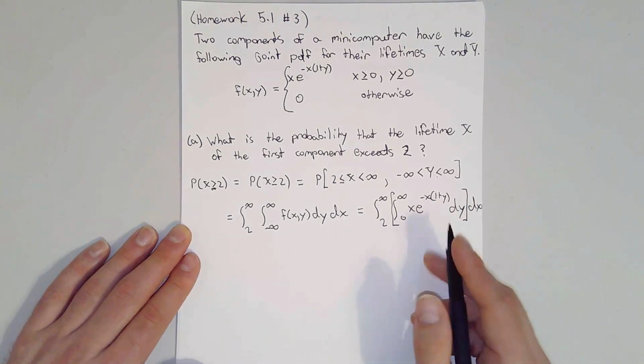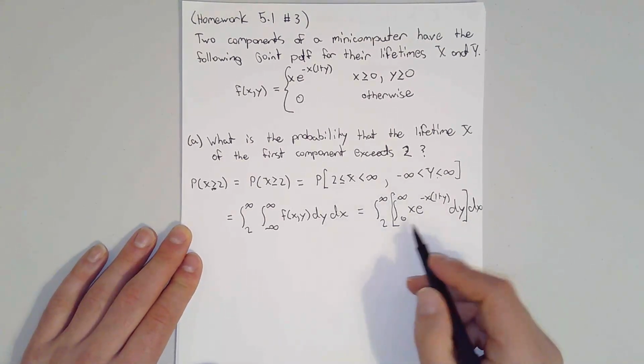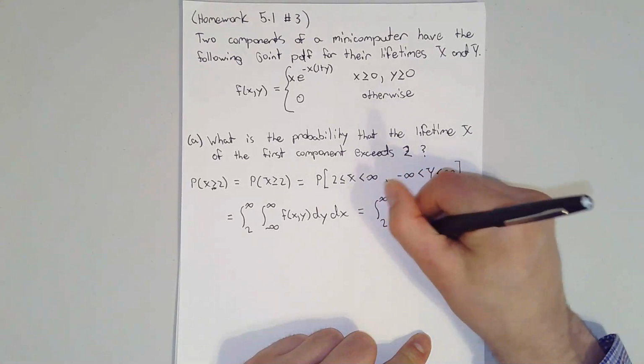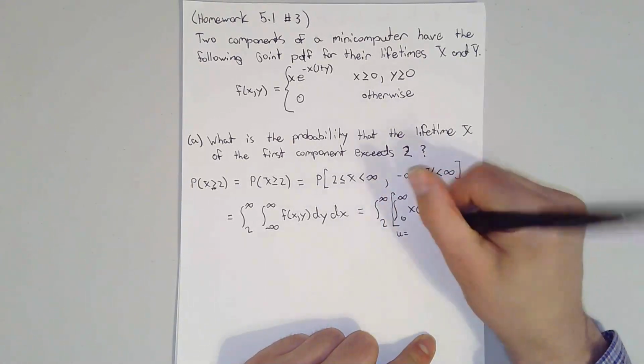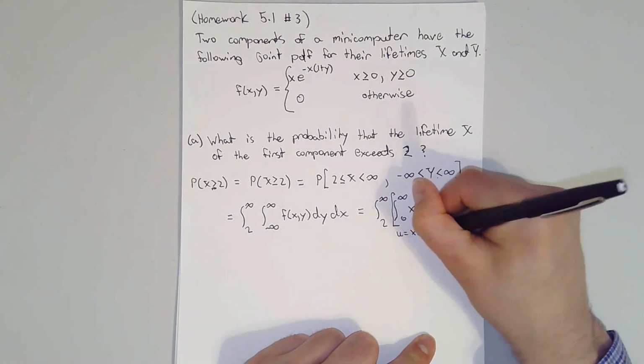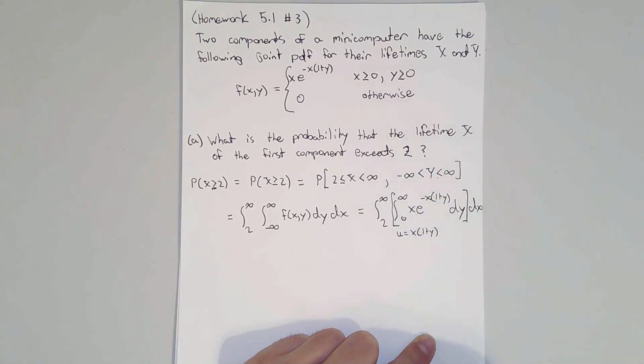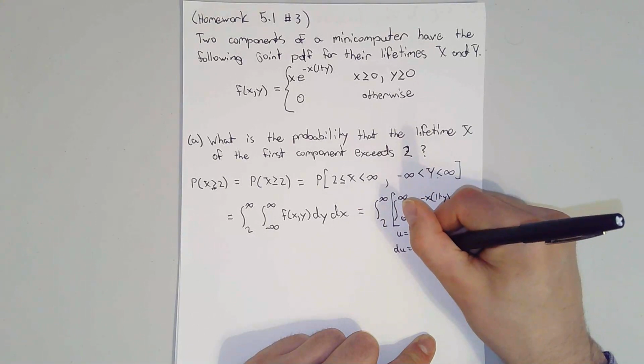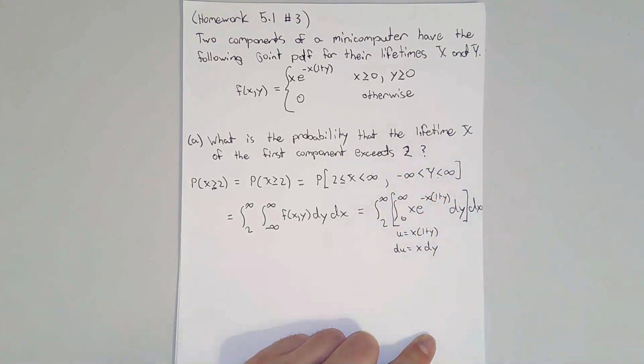And so how can we do this? Well, this inside integral is actually going to be a u substitution. The substitution will be u equals x times (1 plus y). Therefore, du is x dy.